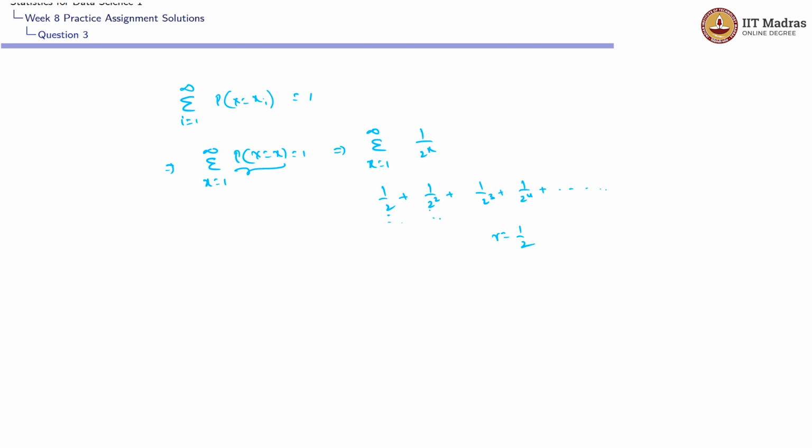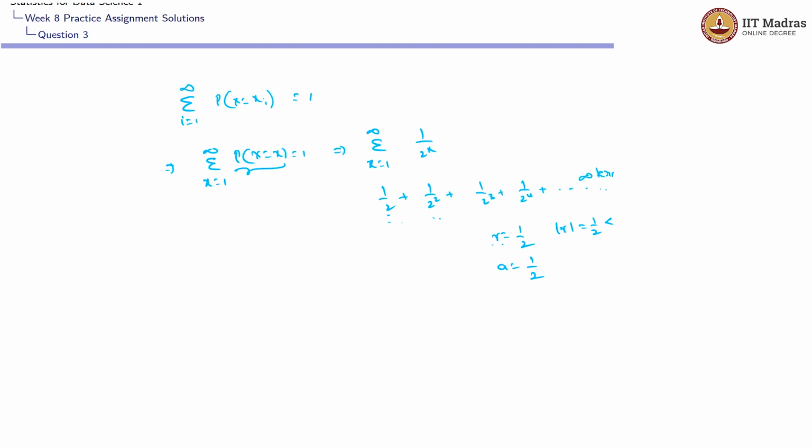The third term is 1 by 2 square into 1 by 2, which is 1 by 2 cube. So a is equal to the first term, which is 1 by 2, and r is equal to 1 by 2. We could see that here the modulus of r, which is half, is less than 1.